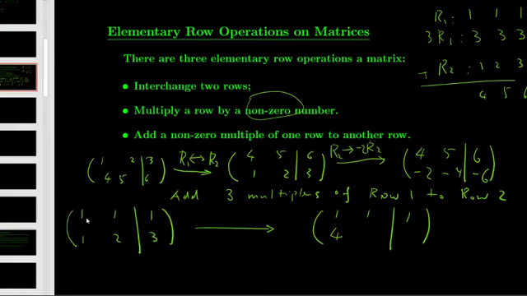4 is coming from 3 times this number. 3 times 1 is 3, and then plus this one is 4, right? And then 3 times this one is equal to 3, and then plus this 2 is 5. So you have 5 in here. And also you have a 6 in here, right?